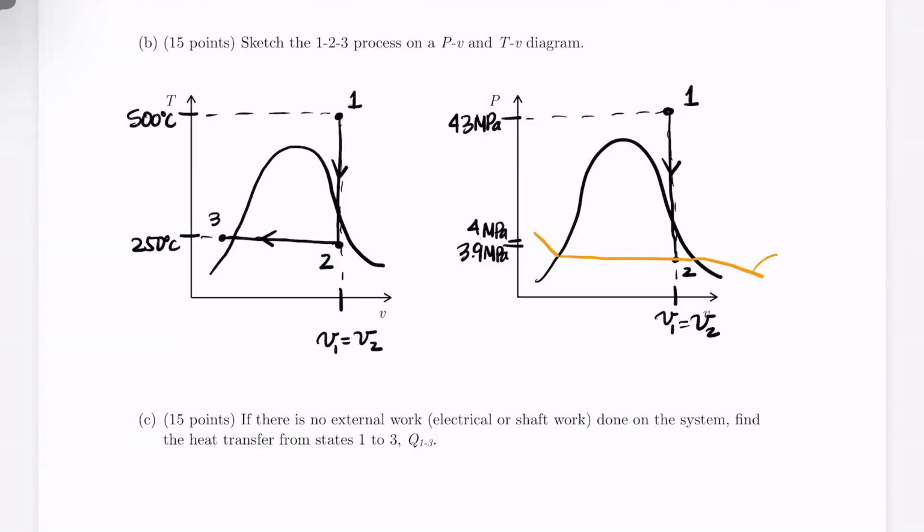And then we'll follow this isotherm. All right, so this is our line of a constant temperature process. So our process from 2 to 3 is going to look something like this. So flat through here and then it picks up just a little bit to get to 3.